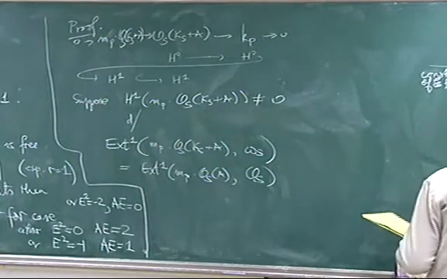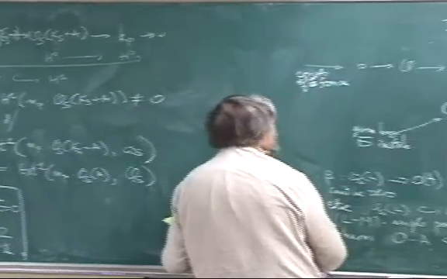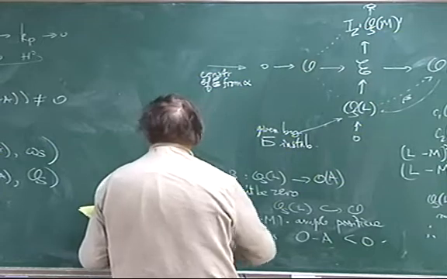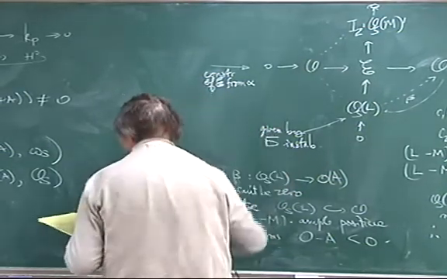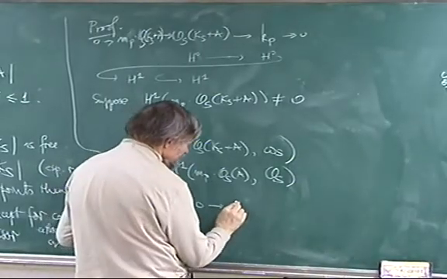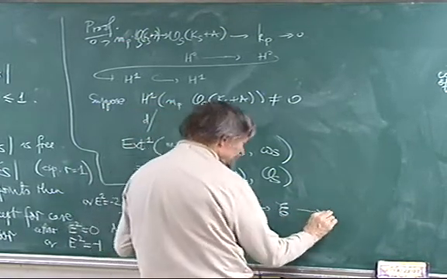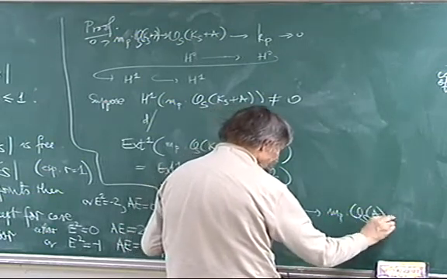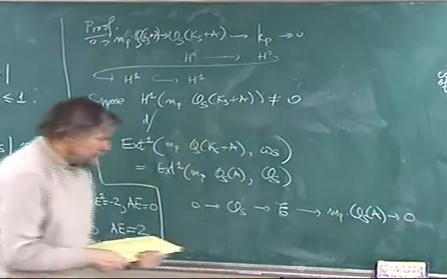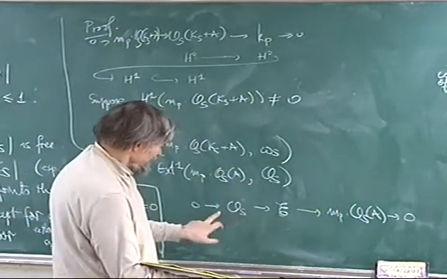Okay, so now I could save myself trouble by just using the same diagram again. It probably spoils things for taking notes. So anyway, this gives a sequence: 0 goes to OS, goes to vector bundle E, goes to MP times OS of A. An Ext1 is a sheaf like this.